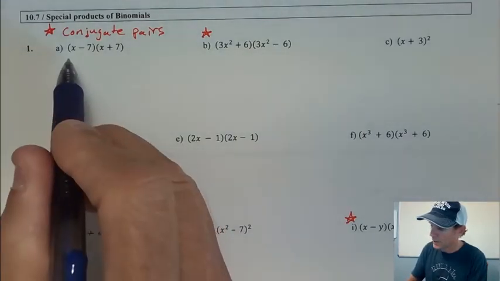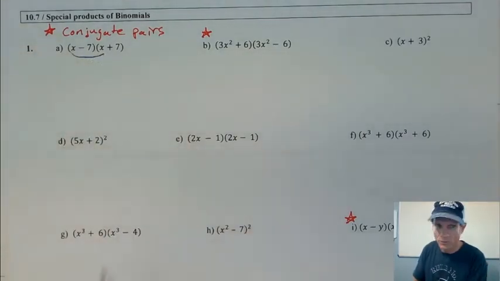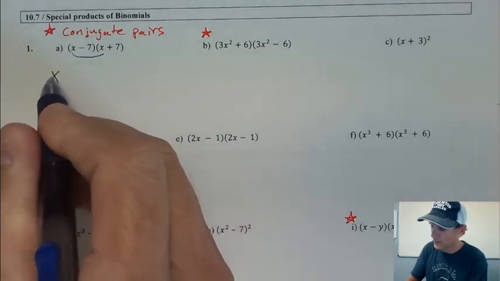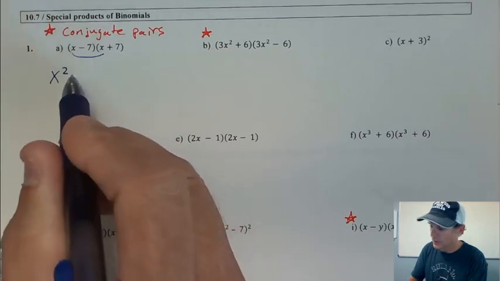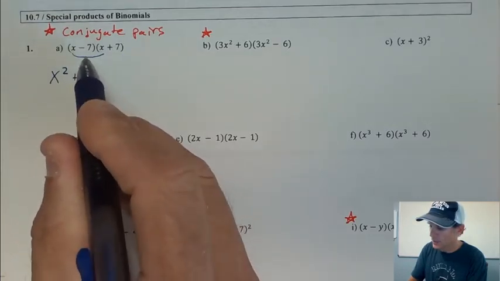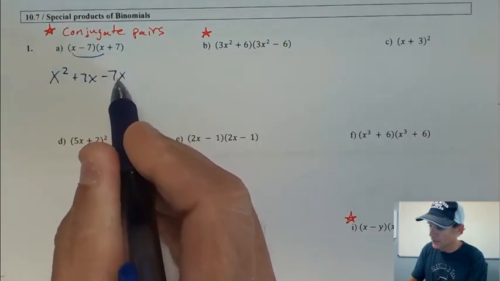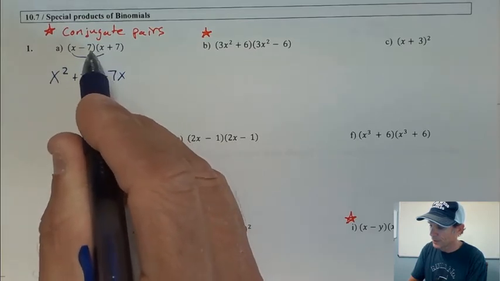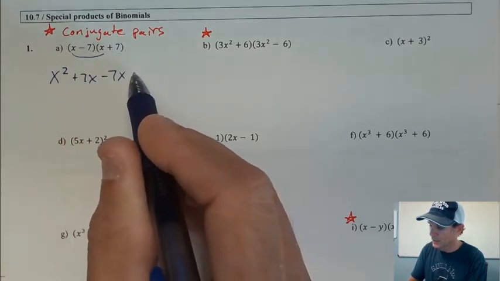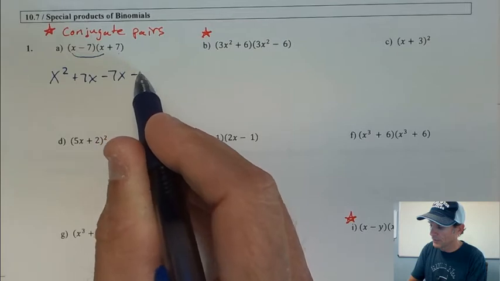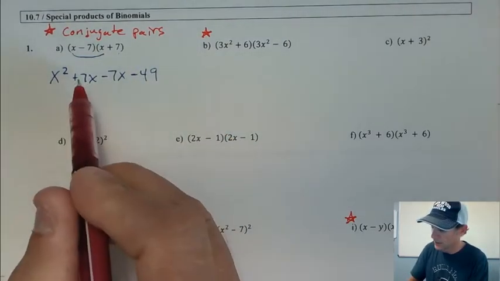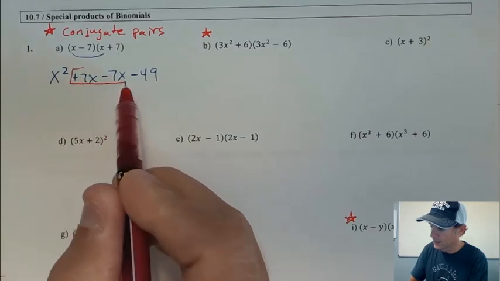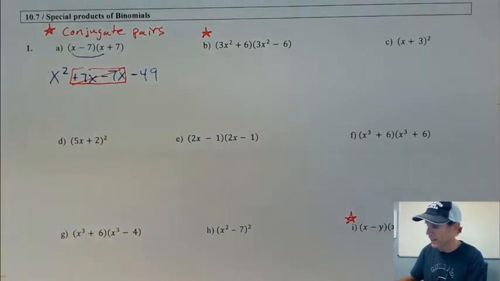When we do F, or the first thing, we get x squared. When we do the outside multiplication, we get positive 7x, and when we do the inside, we get negative 7x. And then for last, we get negative 49. So what people start to realize is that this middle section in conjugate pairs ends up canceling out.